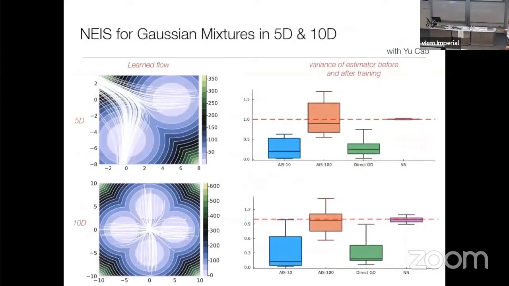Okay, and I'm just going to show you a few examples that show a bit what the maps are. You can do this in high dimension, for example, with a mixture of Gaussians. I'm just showing you 5 and 10 dimensions, and I'm showing you projections.